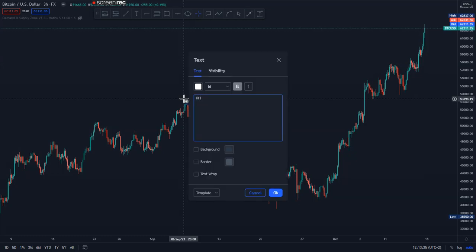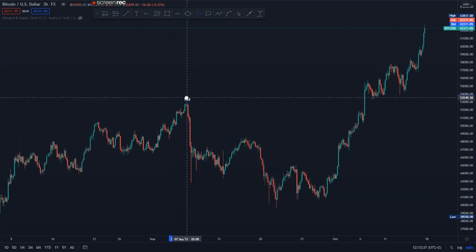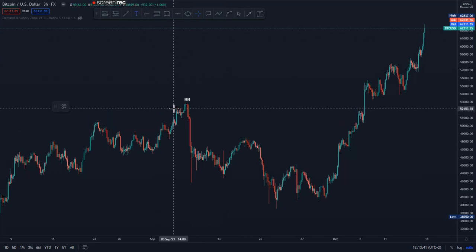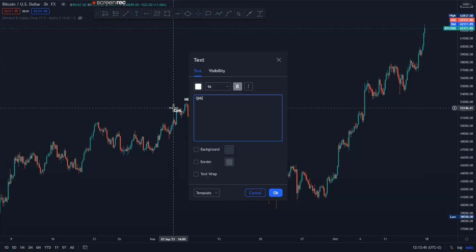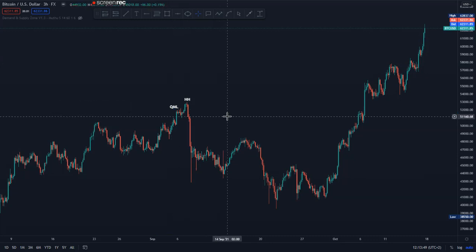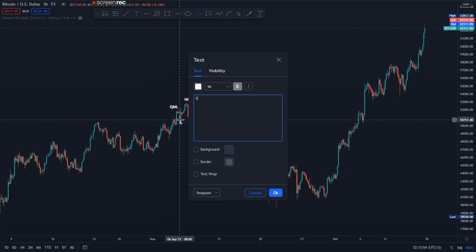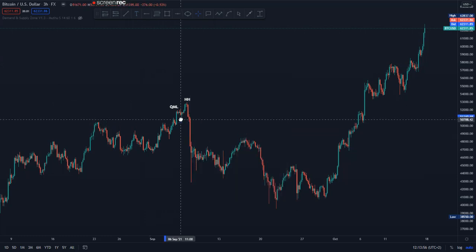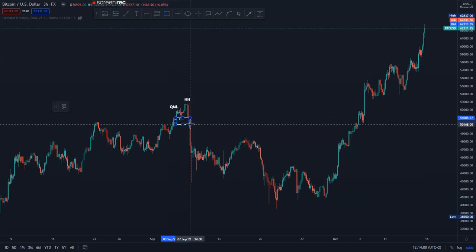Therefore, this becomes my higher high right here, and my left shoulder can just be right here. My QML can just be right there, and my low is right here.